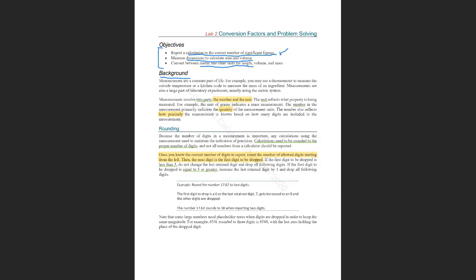Here it says, measurements involve two parts, the number and the unit. We cannot make a measurement without the other. If you are making a measurement and you say, okay, what is the length of that book?